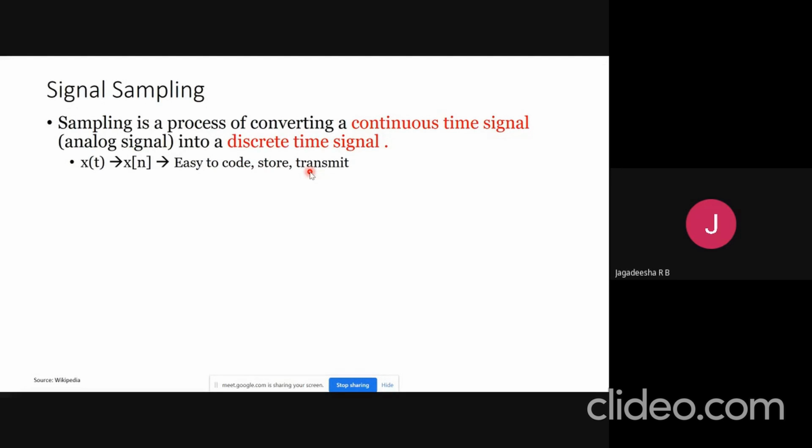When we convert the analog signal into digital, we have more flexibility. We can do many operations on it very easily compared to analog itself. So to do all that, we convert analog into digital. The first step is to sample the signal. That's the idea of sampling.